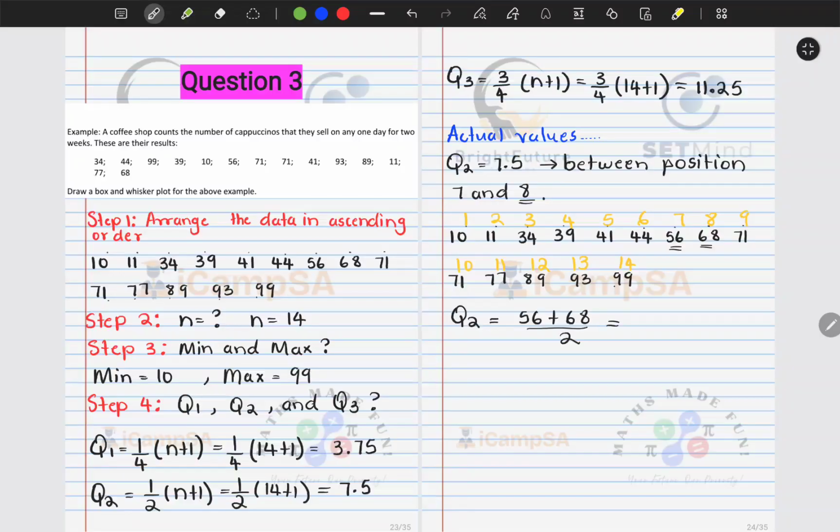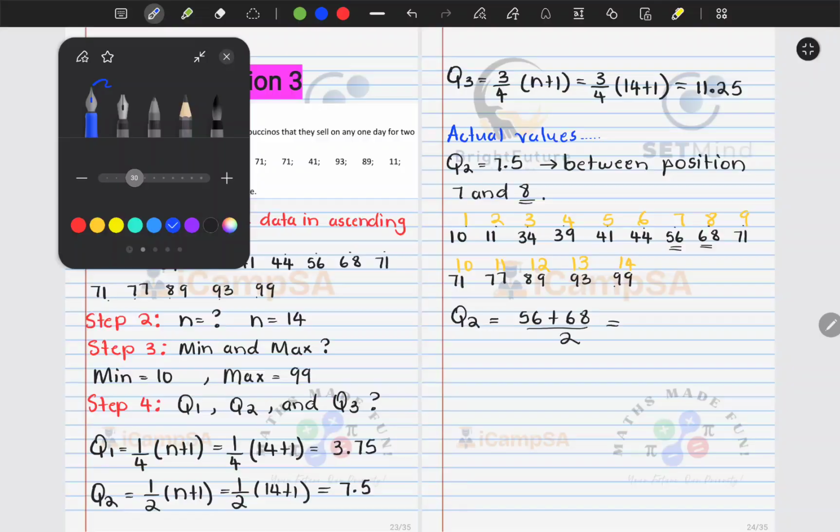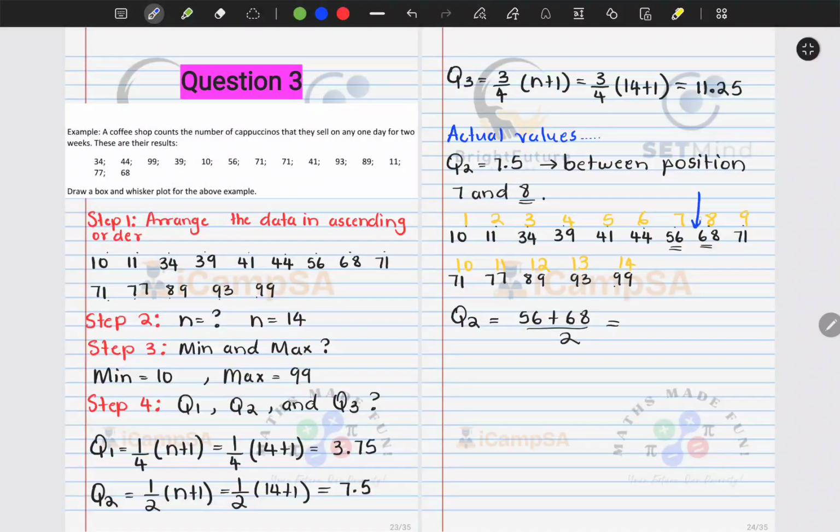So the answer ends up being, because it's going to be in the middle, 7.5 is sitting there. Okay. So that is why we're just going to sum the 2. So we're going to have 56 plus 68, and this is divided by 2. And the answer we get is 62.